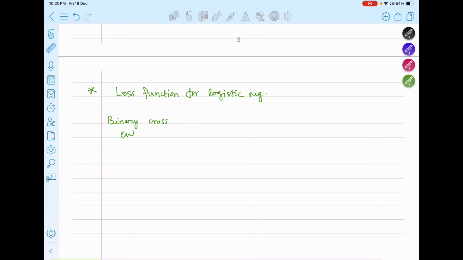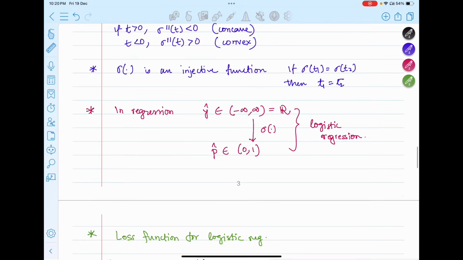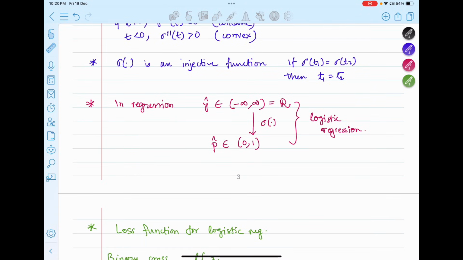The loss is measured between the true value y and p hat. In the logistic regression setup, the label y is either 0 or 1.